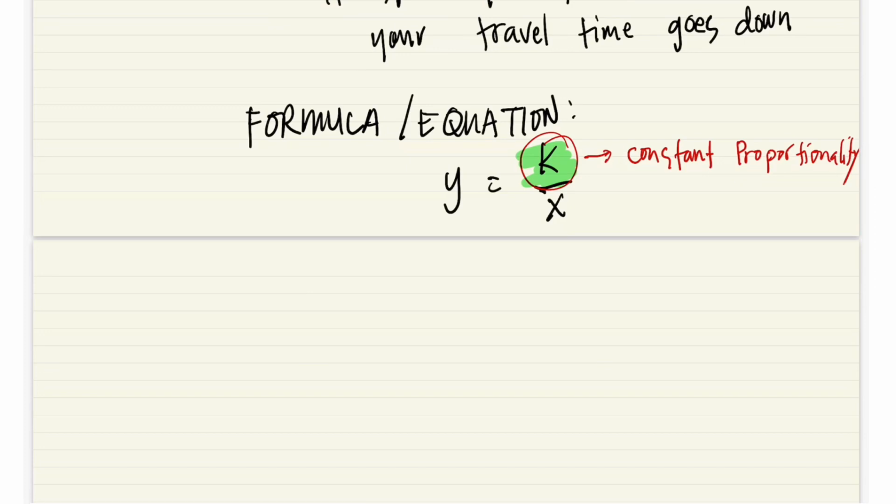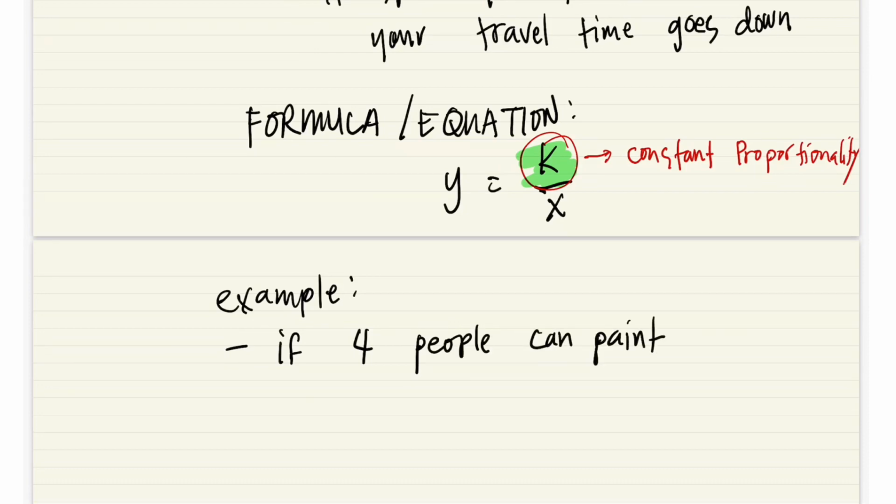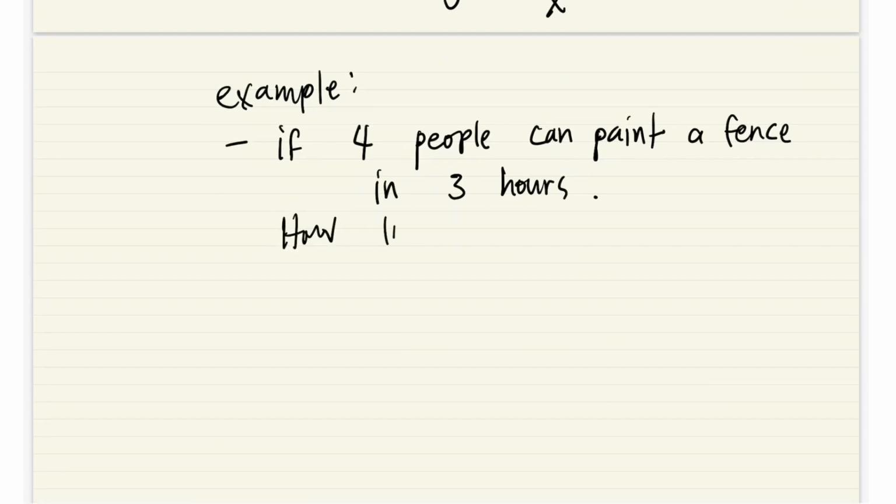Example. If 4 people can paint a fence in 3 hours, how long will it take 6 people to paint it?